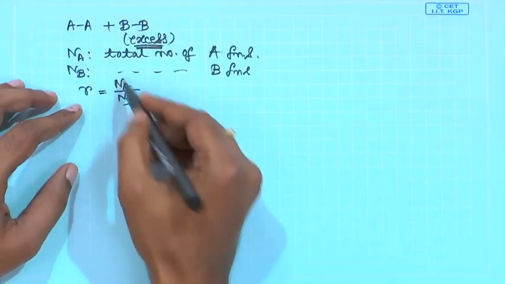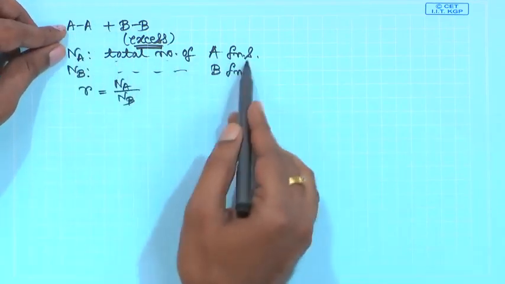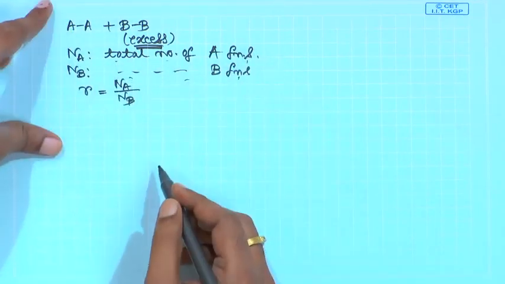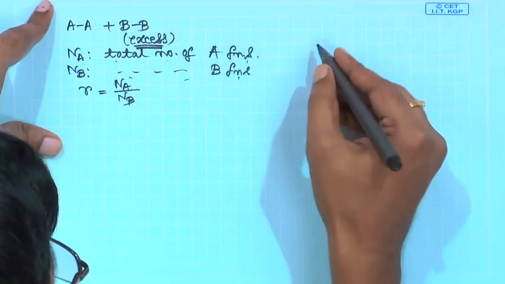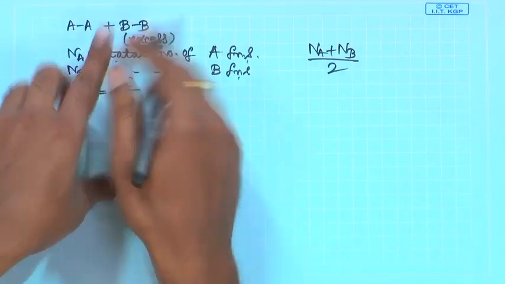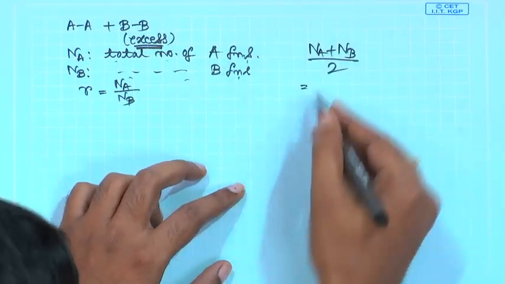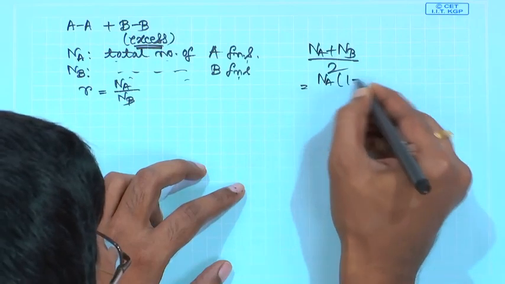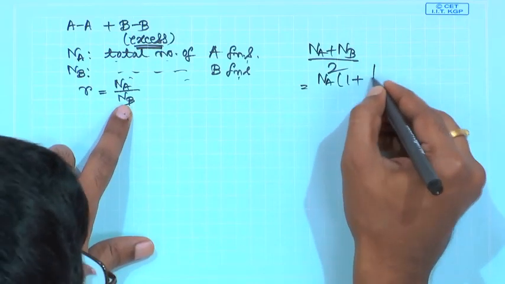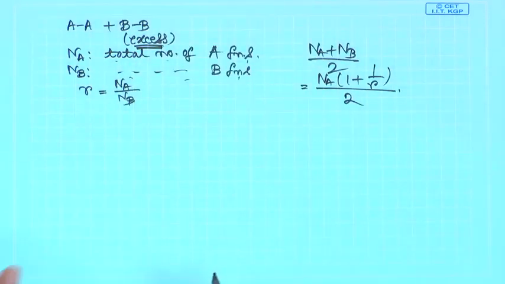So, Na divided by Nb. Now, if Na is the total number of A functions and Nb is the total number of B functions, then what is the total number of monomer molecules? Na plus Nb by 2, because each monomer molecule contains 2 functions. So, Na plus Nb by 2 is total number of monomer molecules, which is equal to Na into 1 plus, so from here you replace the Nb, 1 divided by R by 2, total number of monomer molecules.